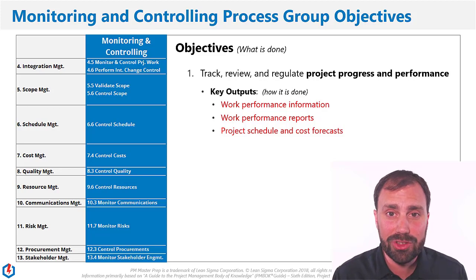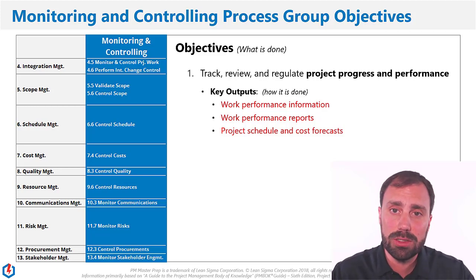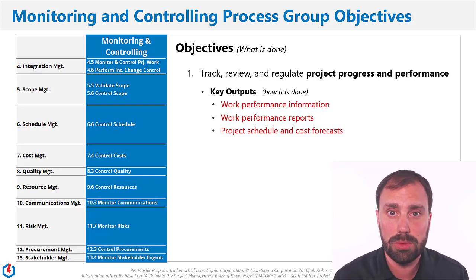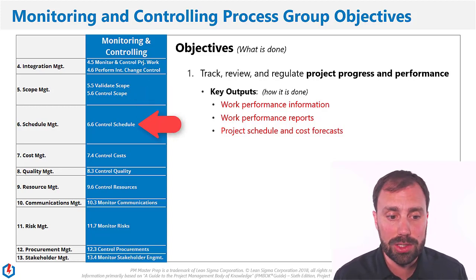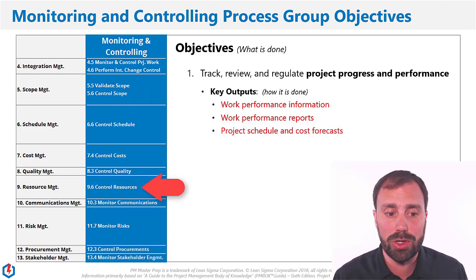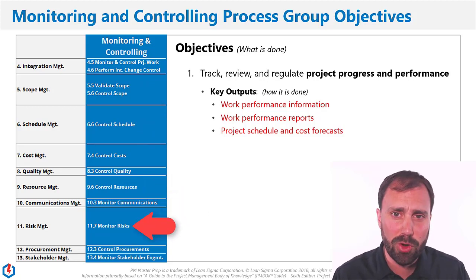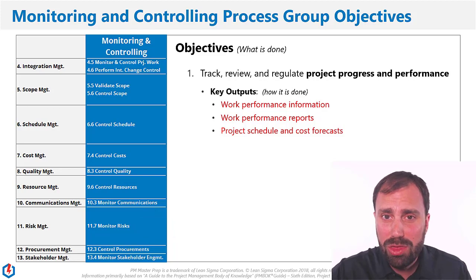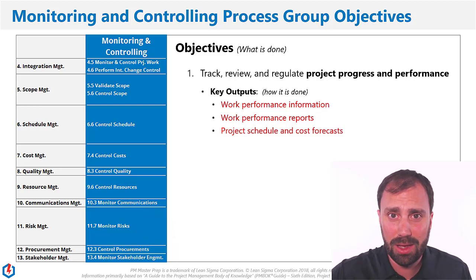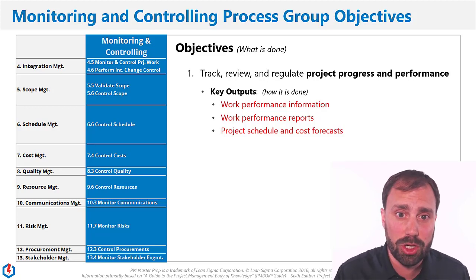Now, as you see on the left side, the knowledge areas, there's tons of control processes. Control scope, control schedule, control resources, and then some monitoring, communication, monitoring risk. Those are different ways to say, hey, we're going to assess what's happening right now, what we thought should be happening. That's basically against a baseline or an expectations. And then, do we need to return to baseline?